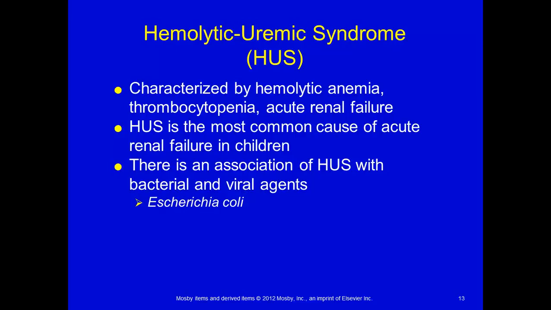The acute renal failure is the same as the other ones, but the hemolytic anemia and the thrombocytopenia are a little bit different. Interestingly, it's the most common cause of acute renal failure in children. And again, like what we've seen with the other glomerulonephritis, it's oftentimes associated with some type of previous infection, be it bacterial or viral agents that can cause this.